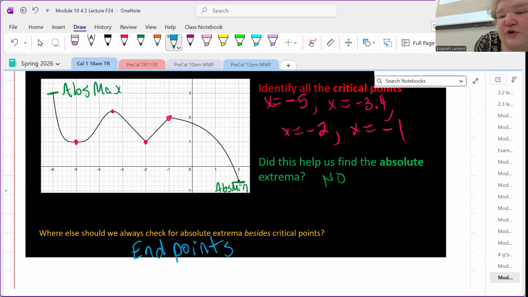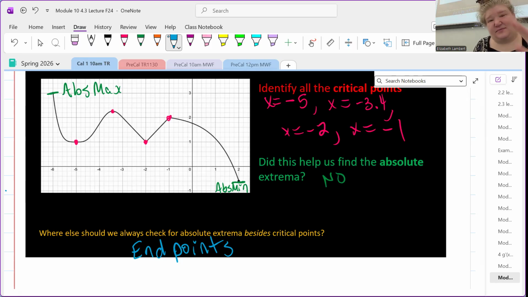Now, if we're only looking for local maximums and minimums, usually when we ask for local max and mins, we're not restricting the domain. We're just asking in general, where do critical points occur?